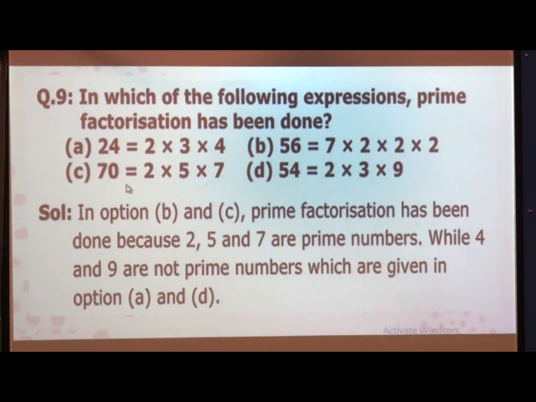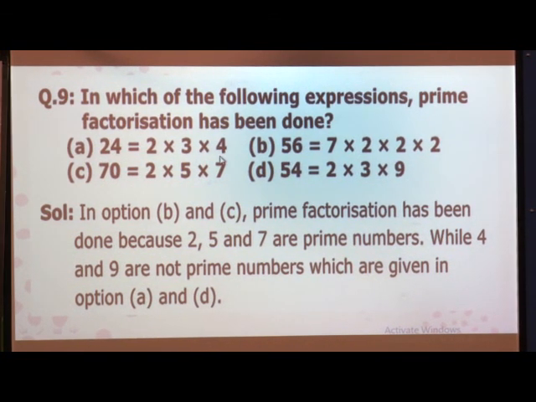Now tell me why only B and C, why not A and D? Because prime factorization has been done there, since 2, 5 and 7 are prime numbers. For 24 we have the number 4 also, which is not a prime number.